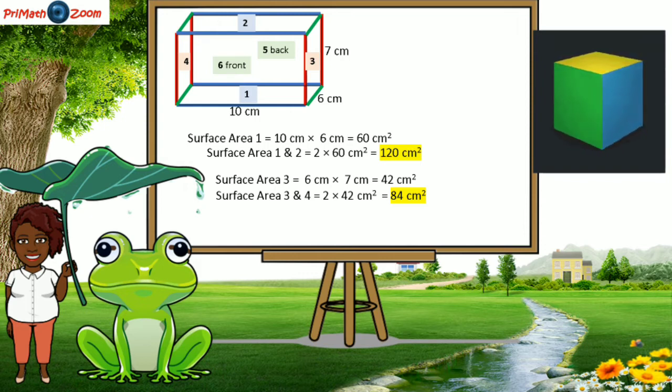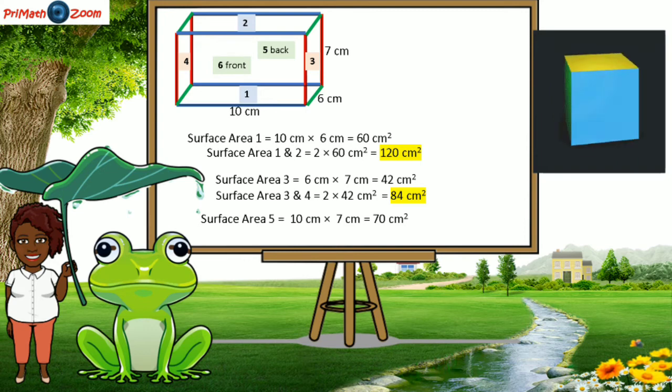So at the back, the dimensions that we need here will be the length at the bottom, which is 10 centimeters, and the height, which is 7 centimeters. So the surface area there would be 10 centimeters multiplied by 7 centimeters, which would give us 70 squared centimeters. And since the front is the same surface area as the back, we need to multiply it by 2 so that we can get the surface area for both back and front. So 2 multiplied by 70 squared centimeters will give us 140 squared centimeters.